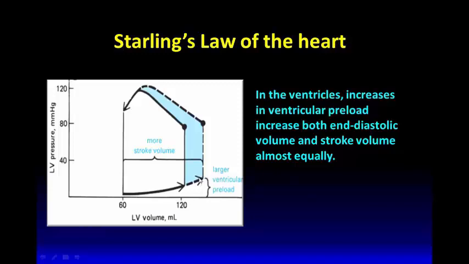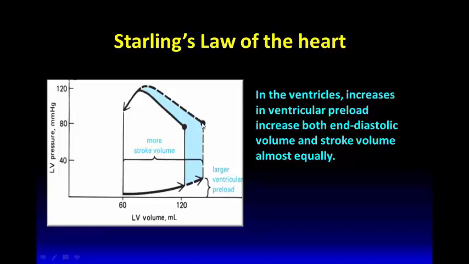Now this is the end of the end diastole of the left ventricle, and the left ventricle begins systole. So this is the isometric contraction phase. Now at this point, the left ventricle would have generated enough pressure to overcome the aortic pressure and opens the aortic valve, and now ejection begins.